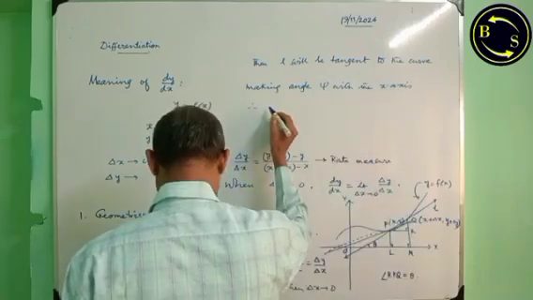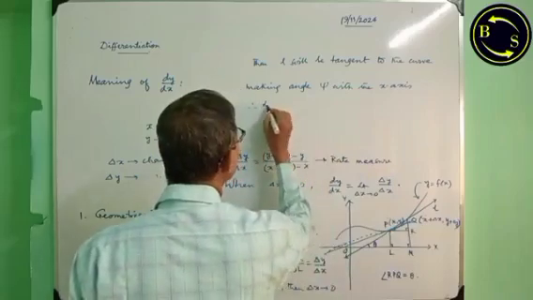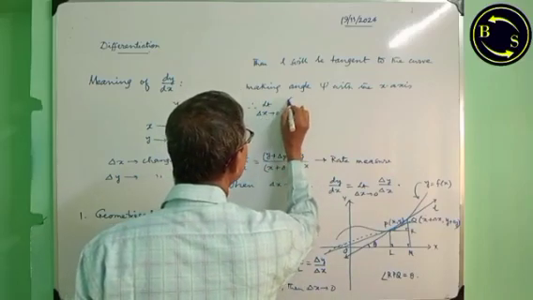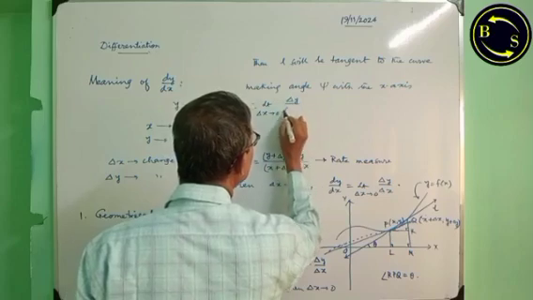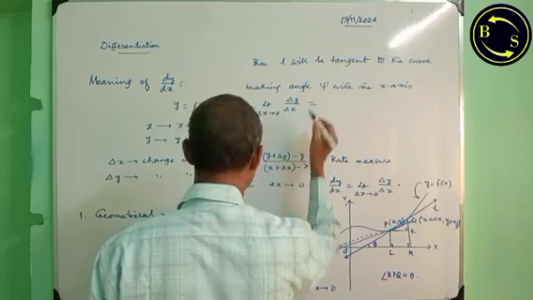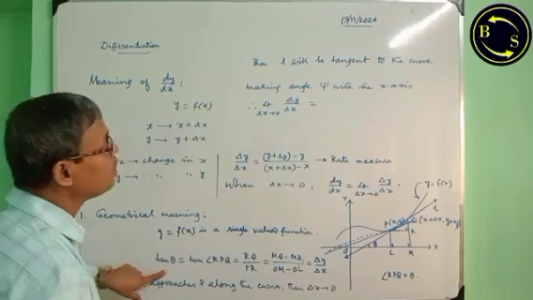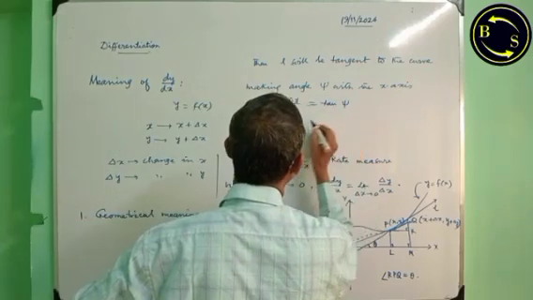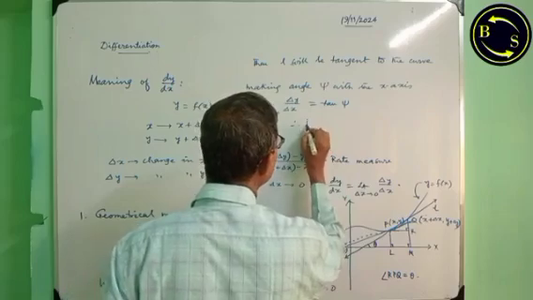Therefore, limit delta x tends to 0, delta y by delta x is equal to tan theta, which will be tan psi, and this is dy dx.